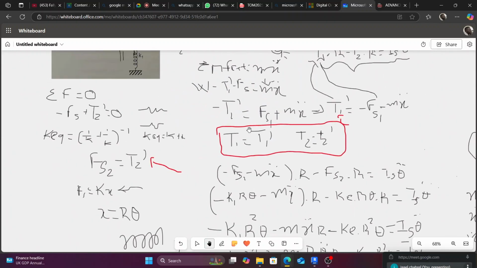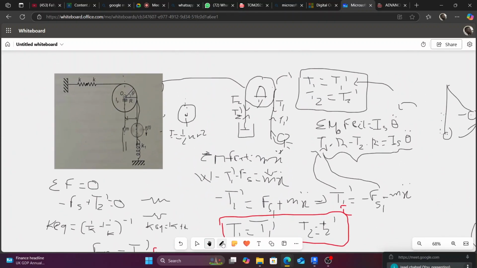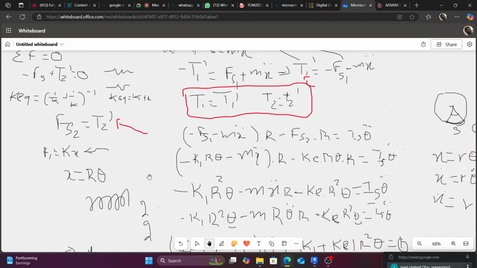Remember when I was doing this, I told you that this part here has m x because there is an acceleration created. There is a mass here. Do you remember, guys? Because the disk here is the origin creating this acceleration, it is also creating a linear kinetic energy.